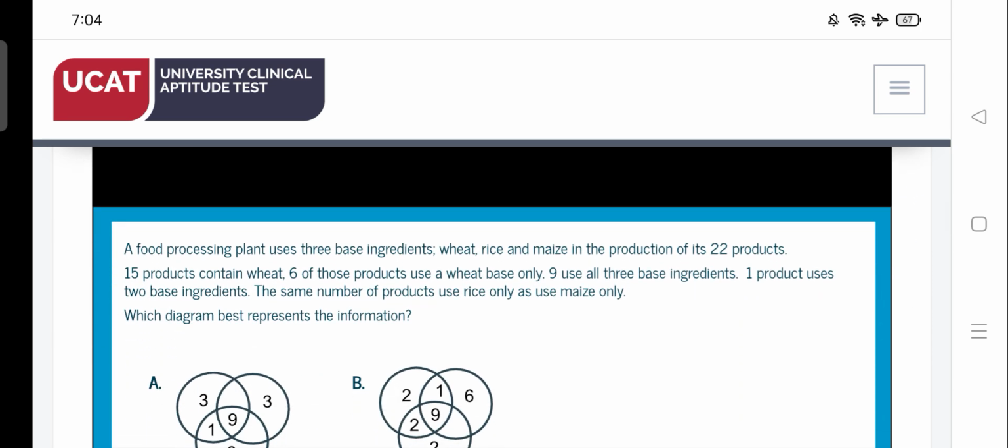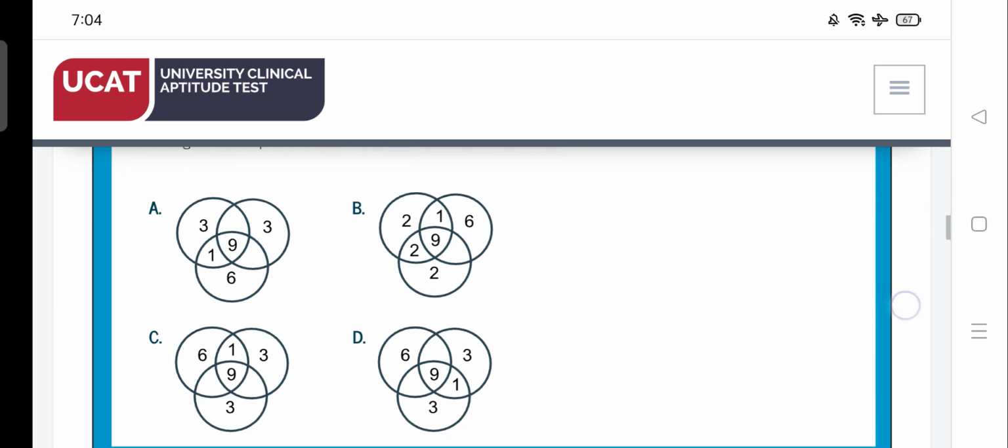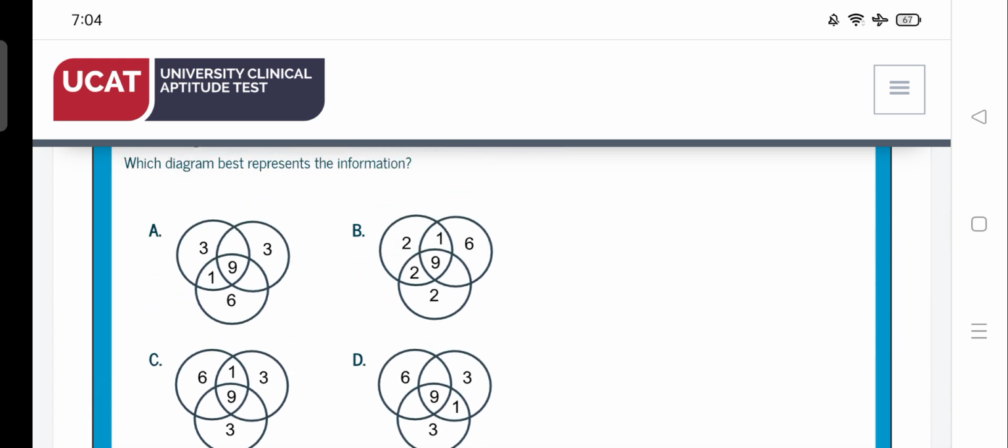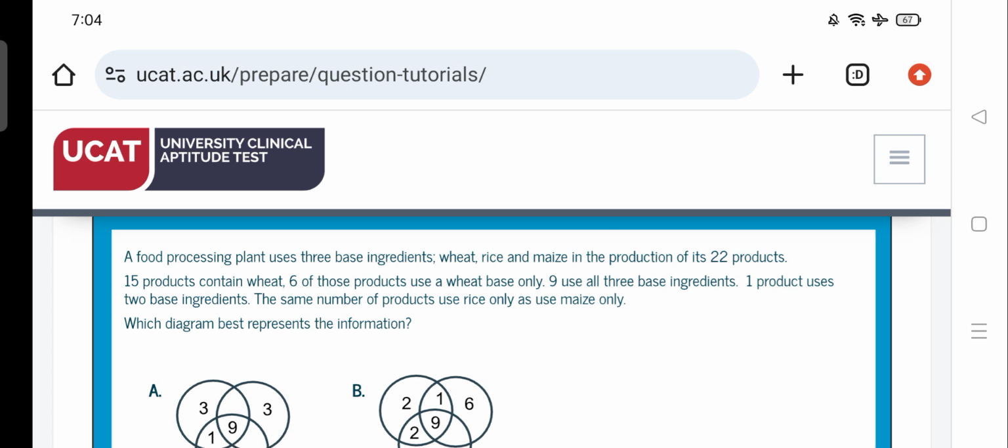We have a passage given, and the Venn diagram is in the form of options. The question is: a food processing plant uses these base ingredients, wheat, rice and maize, in the production of its 22 products. 15 products contain wheat, 6 of those products use a wheat base only, 9 use all 3 base ingredients. 1 product uses 2 base ingredients.